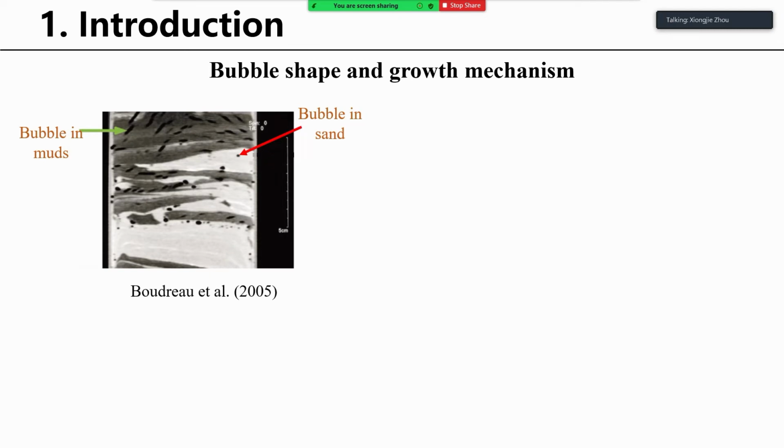For the bubble shape in the sediments, here is the core. You can see the intercalated layers of sand and mud. Here you can see two kinds of bubbles. This is a small spherical bubble in the sand, and this is the larger bubble which grows in mud.